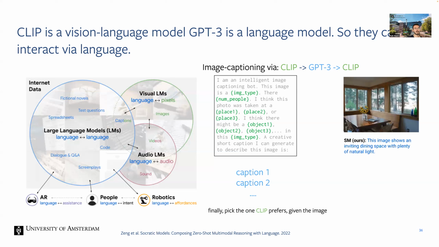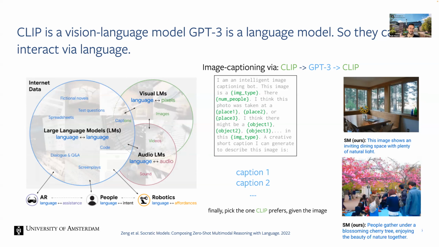So for example, it gives you this quite nice description: this shows an inviting dining place with plenty of natural light. Instead of the whole template, there are no people in this image, and this is likely taken in a room or a cabin or a hut. So you get the advantage of that. However, note in this very generic comment that we don't know whether GPT-3 might have seen exactly this caption, word for word.